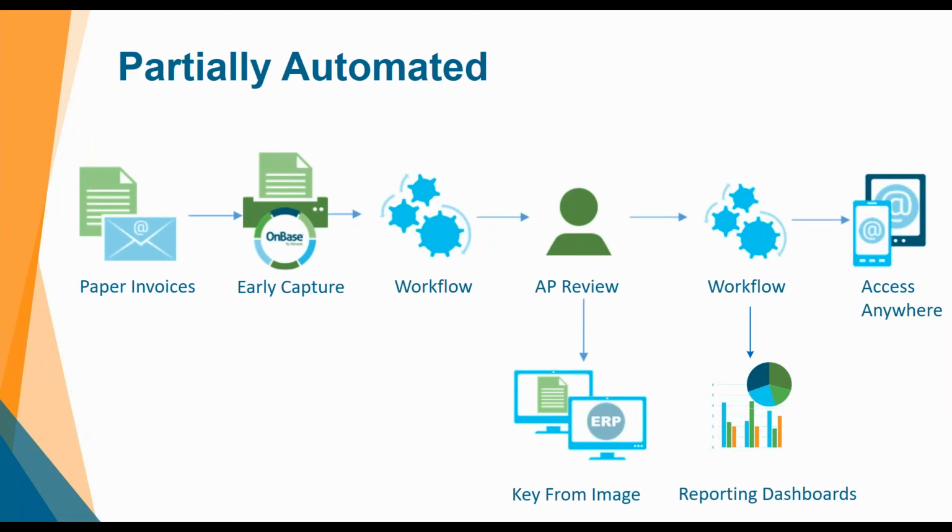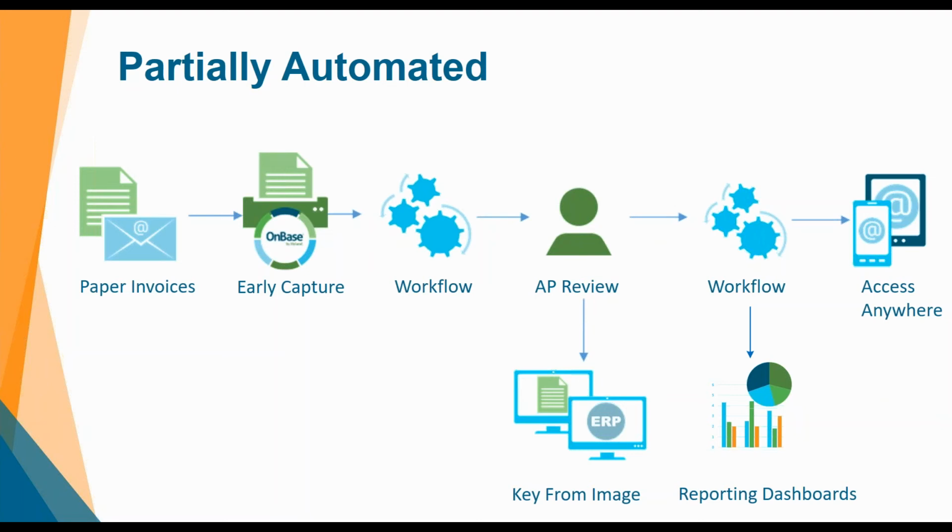I have this Access Anywhere piece here on the far right-hand side because your approvers are going to be able to approve their invoices regardless of where they're working. So directly through Outlook, on a mobile device such as an iPad or Android phone, iPhone, as well as directly from their desktop.